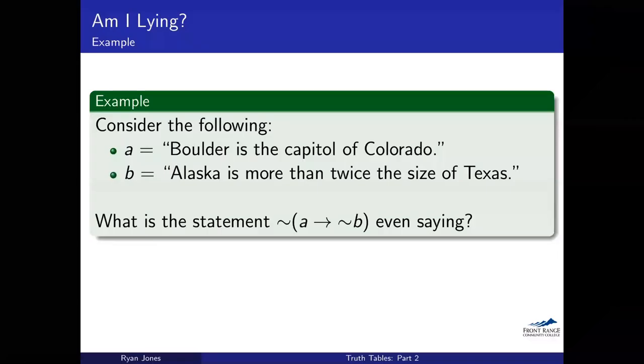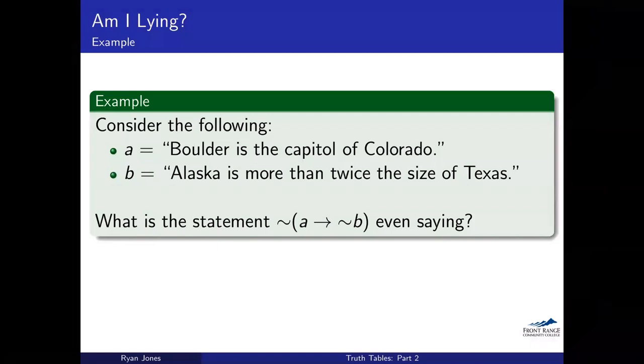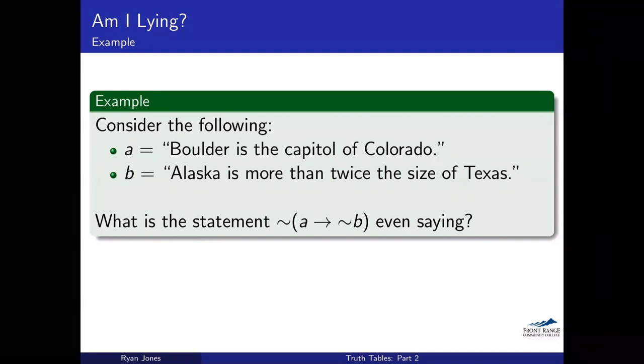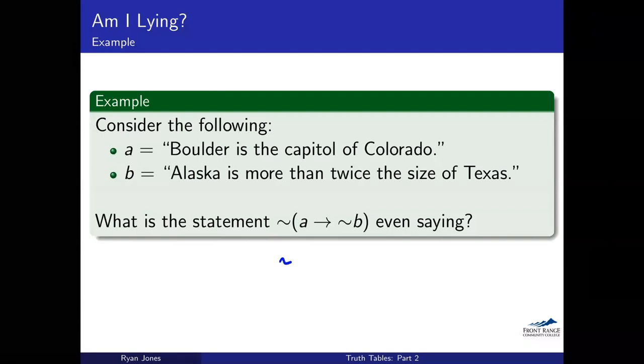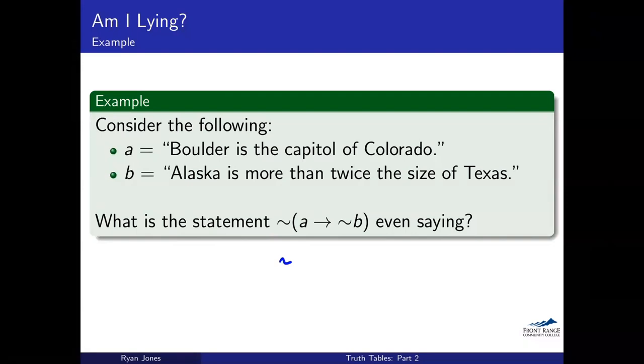So let's move on. Before I actually talk about this example and these statements, I just want to make it very clear what we were just talking about. The compound statement that's typed out on the slide and what I'm writing here are very different things.